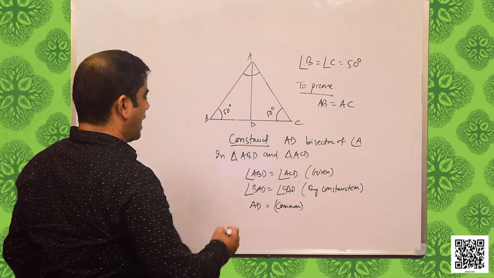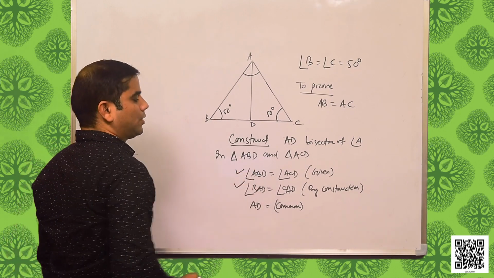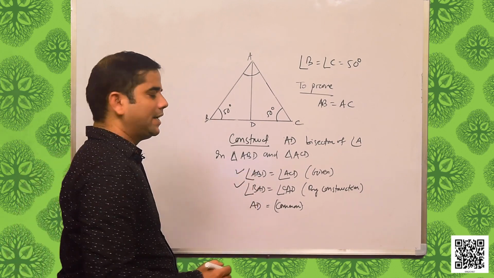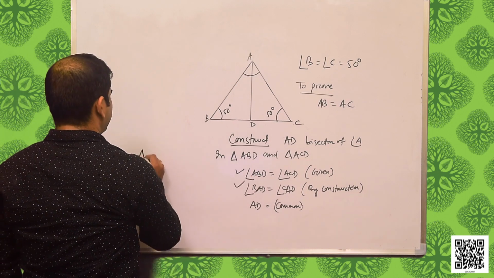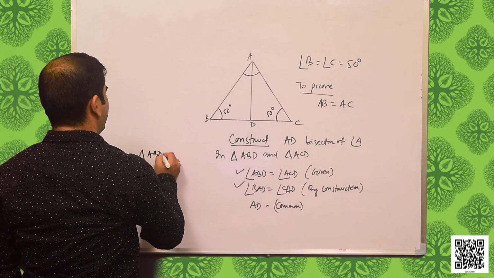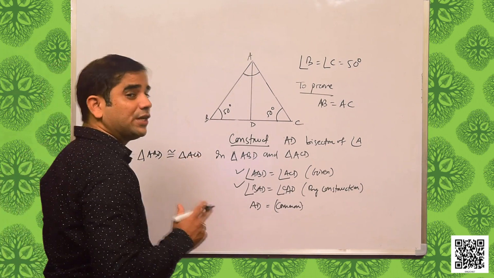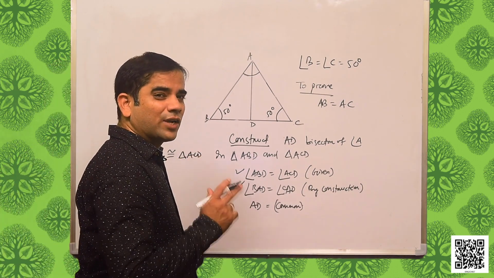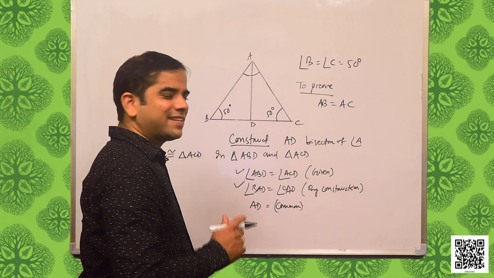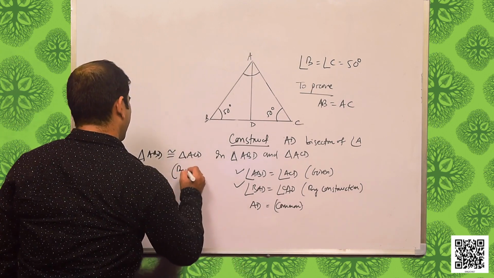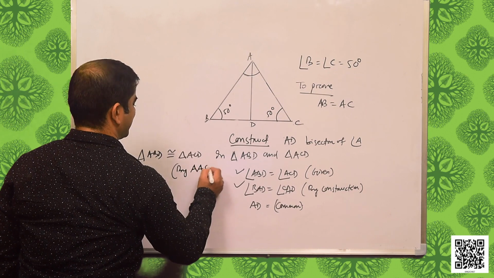So, we have two angles equal to each other and there is a common side. That means triangle ABD is congruent to triangle ACD by which rule of congruency? Hope you can get it. Exactly, it is by AAS.